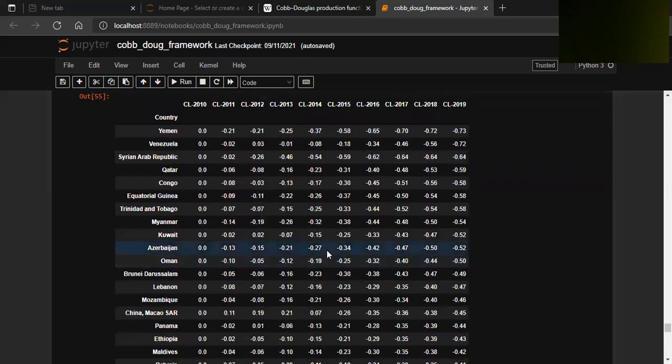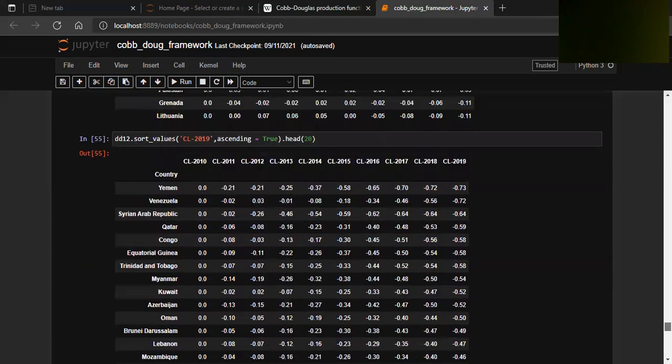When I come up here now, I have this table sorted in the order of worst performing to best performing. So Yemen is basically the worst performing in terms of total factor of production, at negative 0.73, and Venezuela is behind them at negative 0.72.